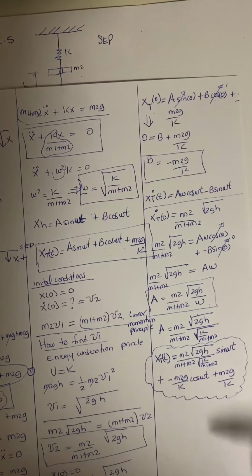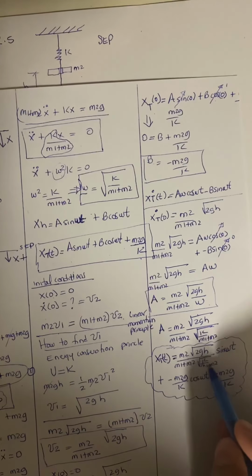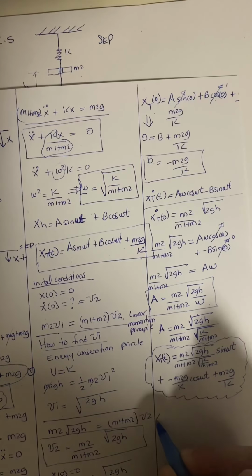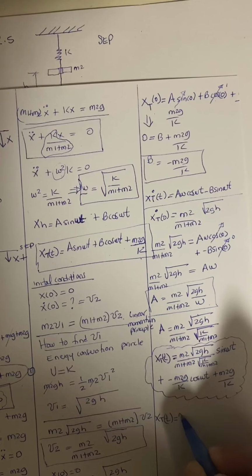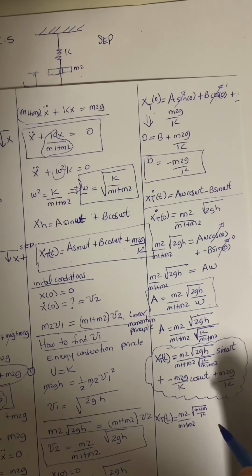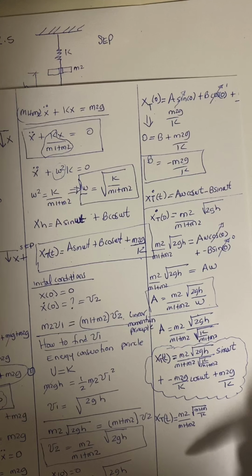We can rewrite this equation a little bit further by simply solving for this expression here. So we can have x(t) equals m2 over (m1 plus m2) by the square root of (m1 plus m2) over k. I simply just did the reciprocal to have the square root in the upper part of it.